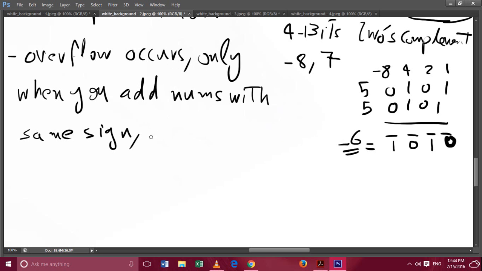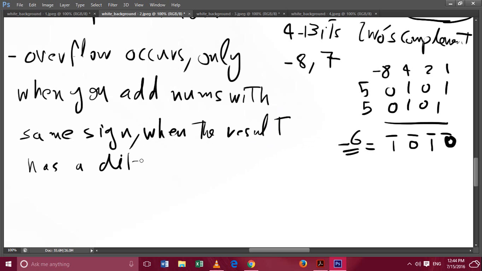And you know it happens when the result has a different sign. How do you know that the result has a different sign? Very easy.